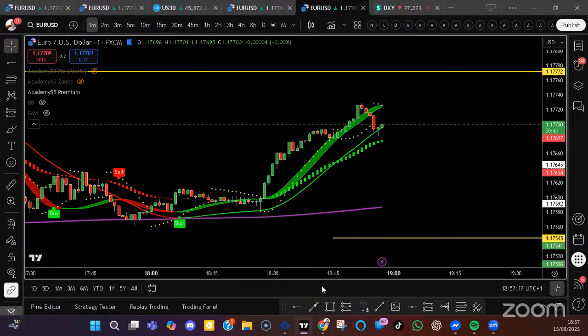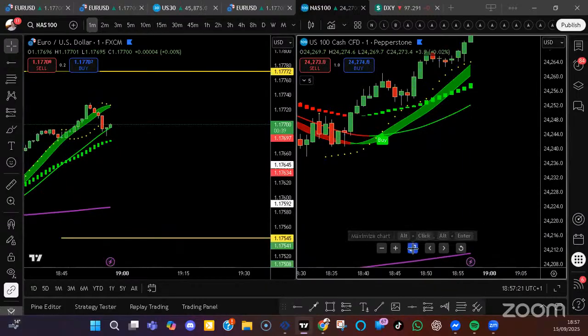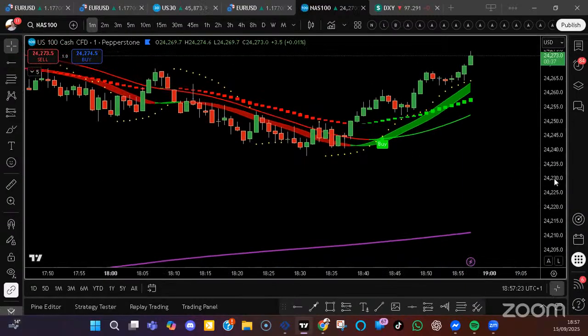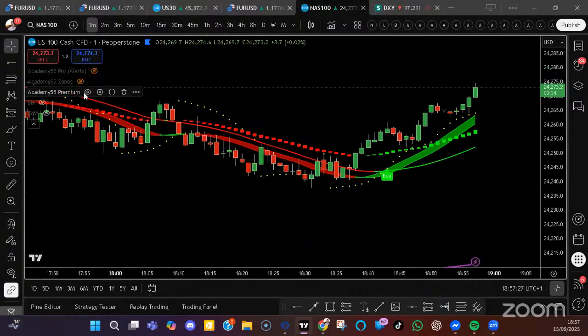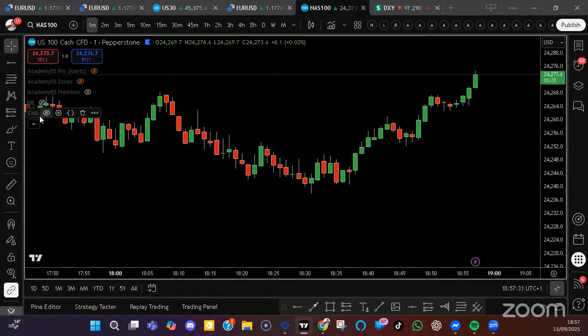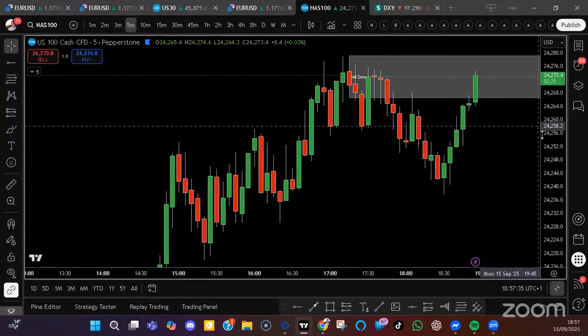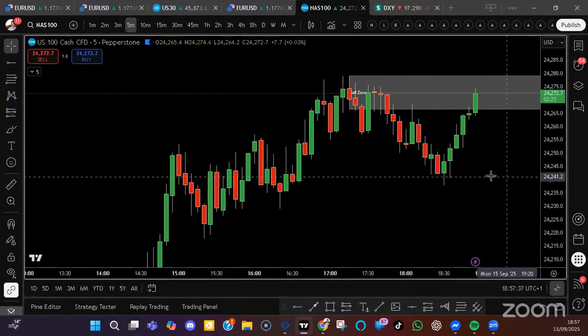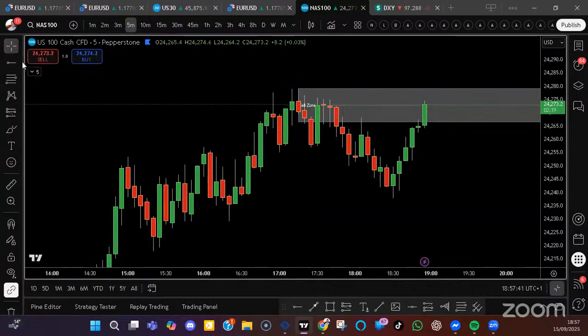Going to move over to the NAS100. Again, take the indicators off and mark out the 5 minute. And as you can see, we are in the zone for the sell zone.